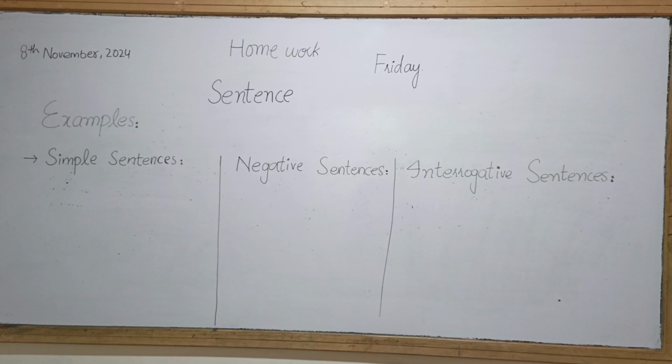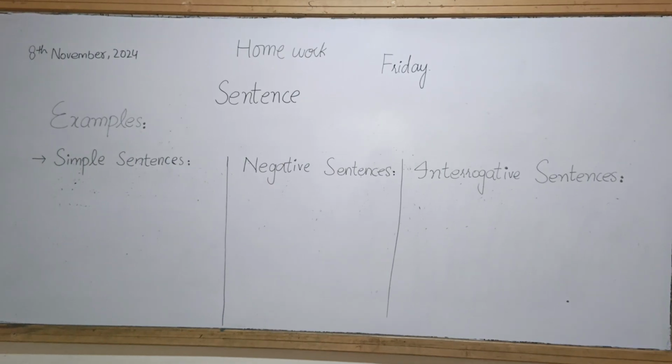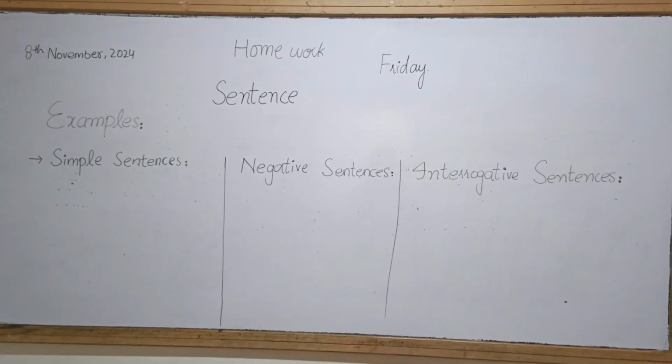But if you can't, you will give the heading of simple sentences and write three simple sentences, then give the heading of negative sentences and write three, and then the three interrogative sentences in the last section.